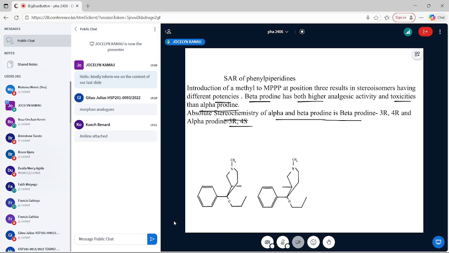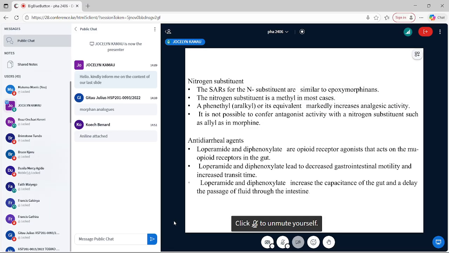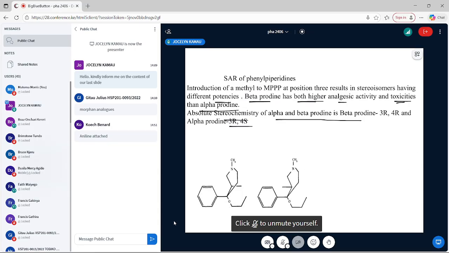Again, we had already discussed that. So even if they were to be used, most probably we prefer the alpha prodines, just as we had said when we were looking at the benzomorphans.